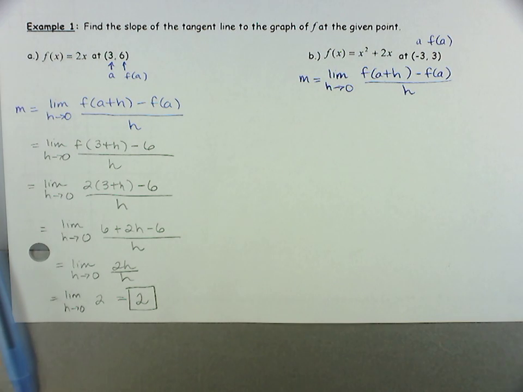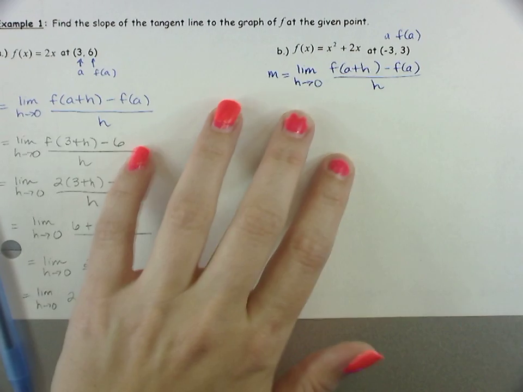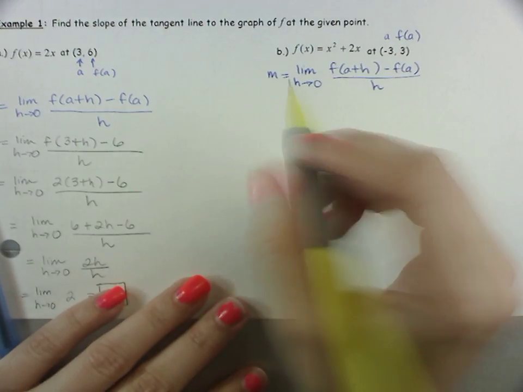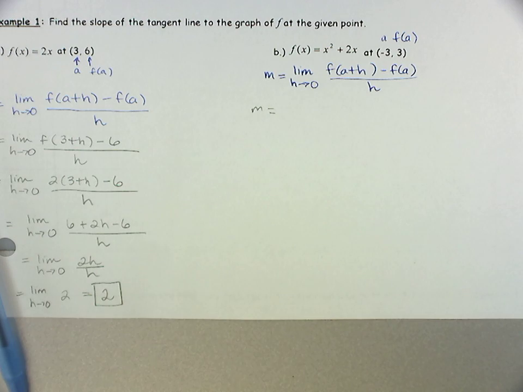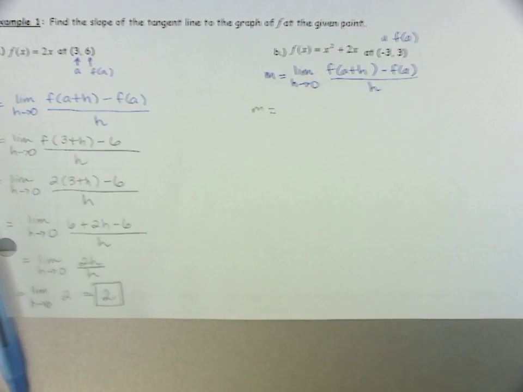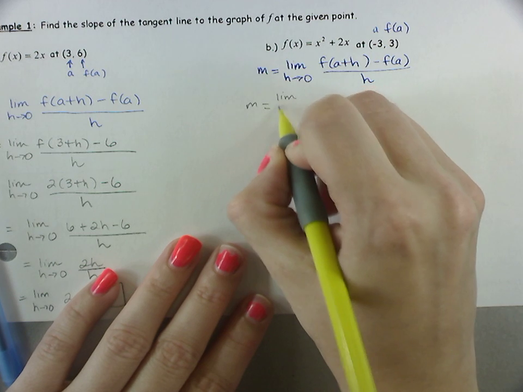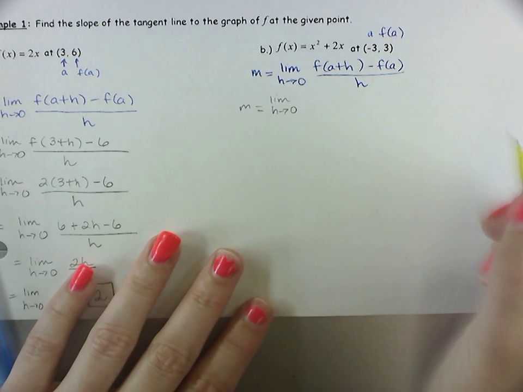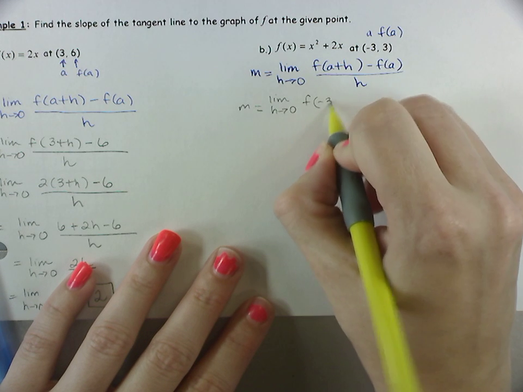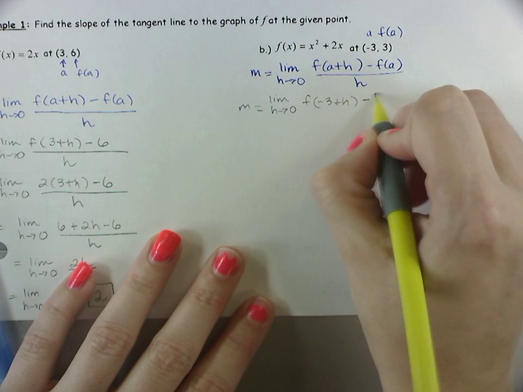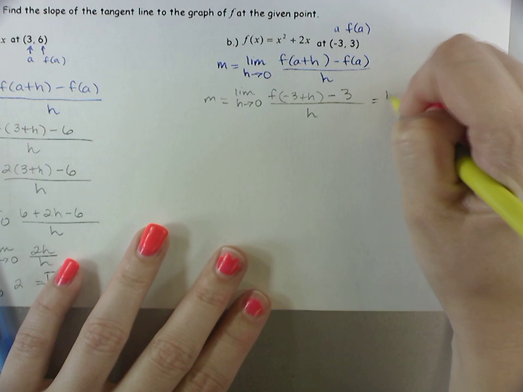Okay, how many of you are finished finding it with this method? So your slope is the limit as h approaches 0 of f of negative 3 plus h minus your f of a, which is 3, over h.